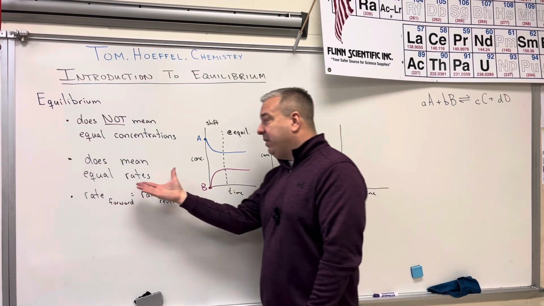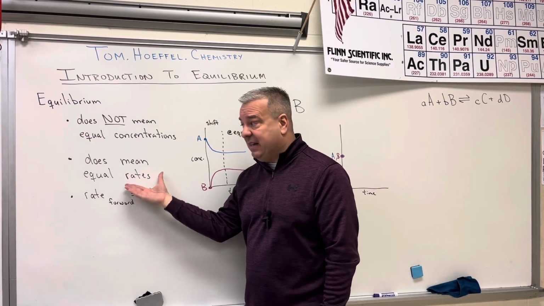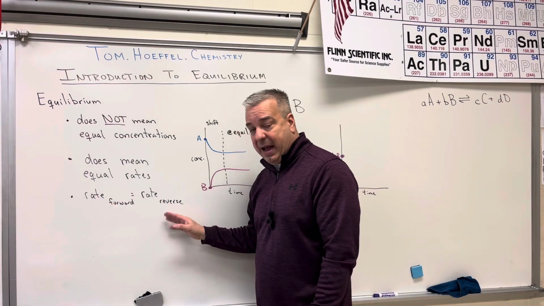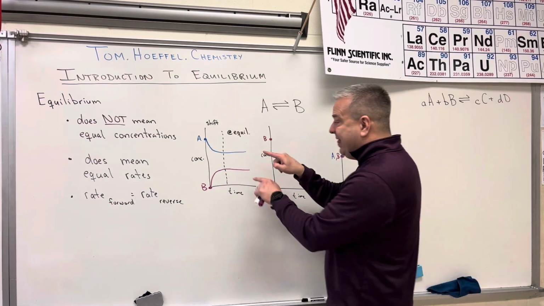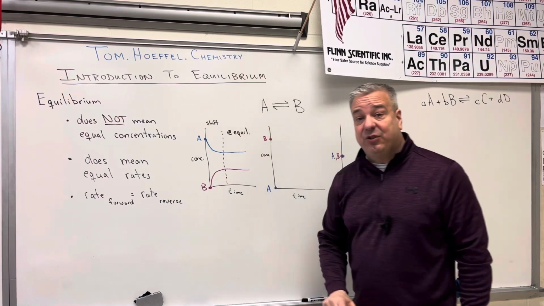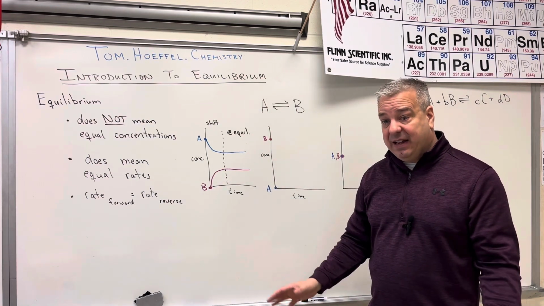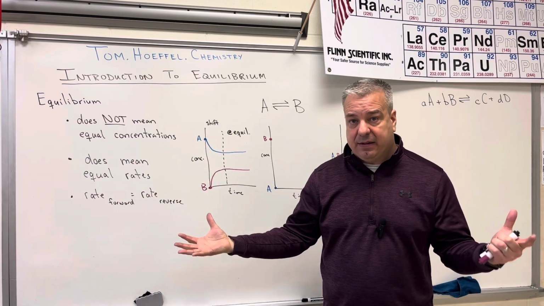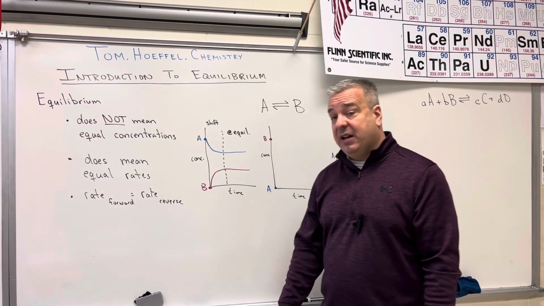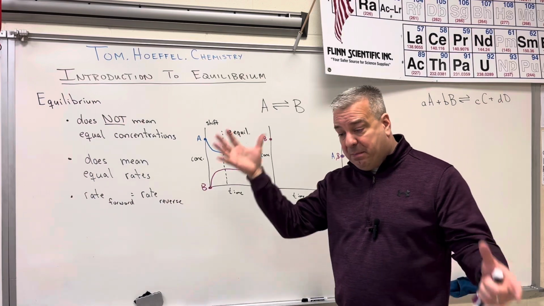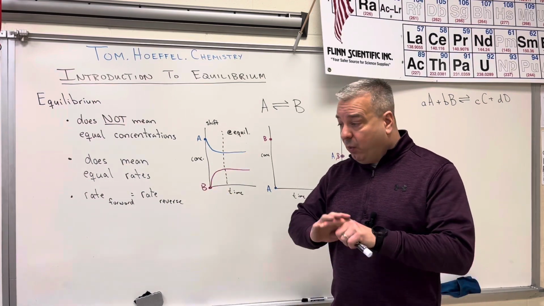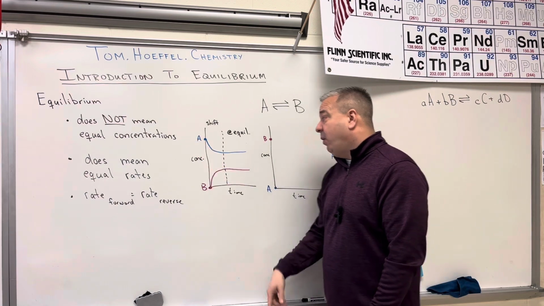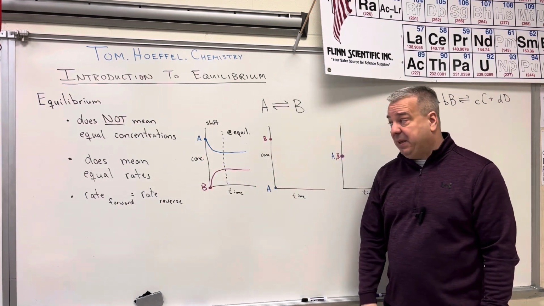Once again, the only thing that is equal to each other is the rate of reaction going forward and backwards. They're the same, and therefore the concentrations stay constant. And then we end up having this balance of reactants and products in a chemical reaction. And that value for that balance of reactants and products will remain constant no matter if you start out with a whole bunch of A or if you start out with a whole bunch of B.